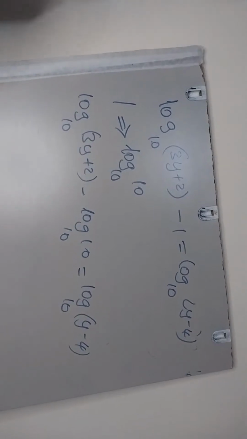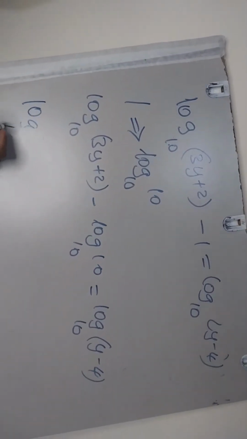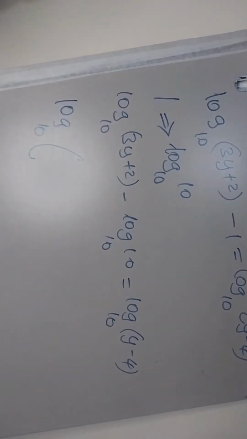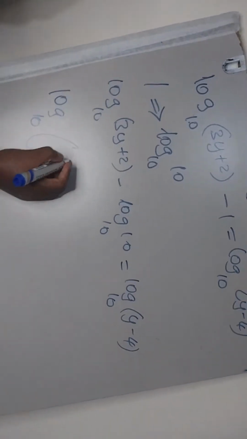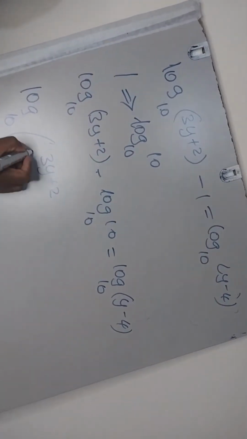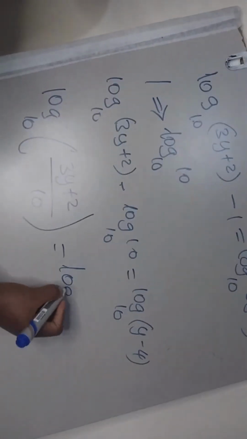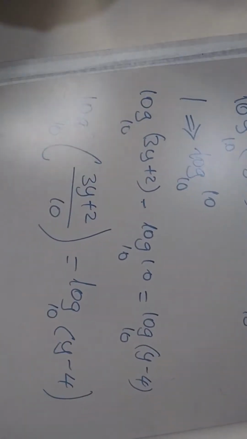So let us outdo log to base 10. After removing log to base 10 here, we simply remain with the 3y plus 2, minus changes to division, is equivalent to log to base 10 of y minus 4.